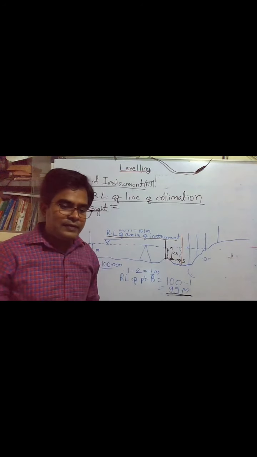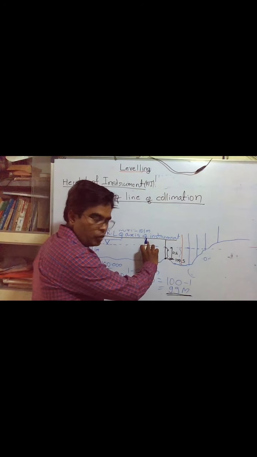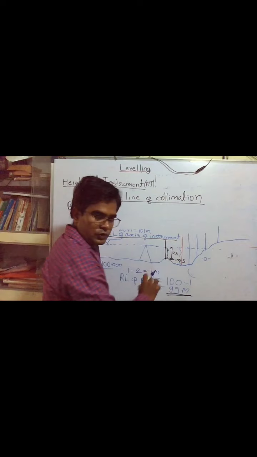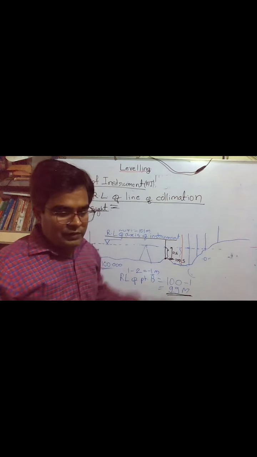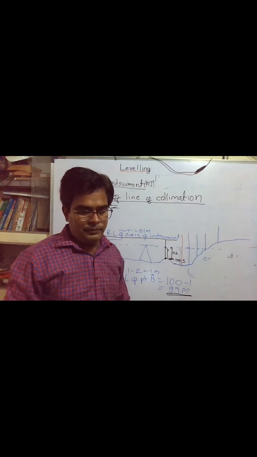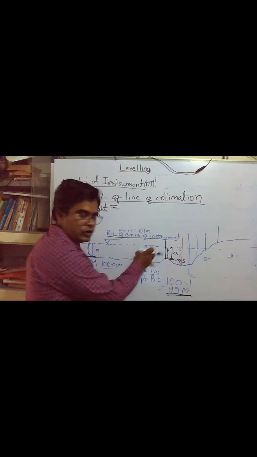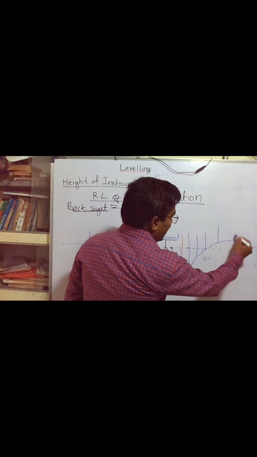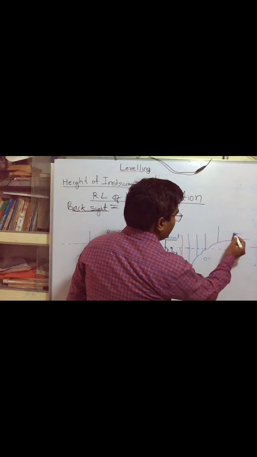In this case, I have to shift the instrument to a new location to see the staff. If the ground elevation is increasing or decreasing, we cannot observe the staff reading, so we need to shift the instrument to a new position and take the readings there.